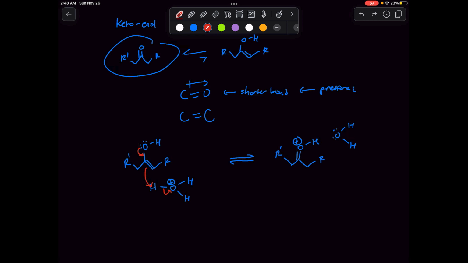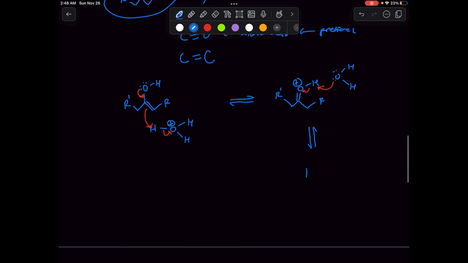Well, we can attack this hydrogen with the lone pair electrons from the oxygen, and that will result in the electrons from that bond going to the oxygen, as happened down here. And so now we have hydronium, but we also have the keto form. So we have hydronium and the keto form.